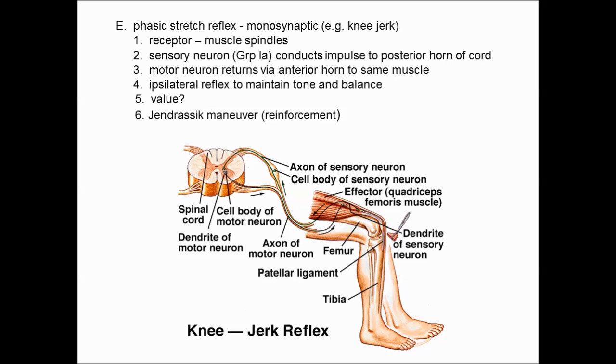Many years ago, a man developed a maneuver that reinforces this. He taps the tendon, and he has the patient grip his two hands together and pull apart, like clasping his palms. So he pulls apart his arms and puts effort into that. Now, what I want you to do is pull your arms apart, and the patient is thinking about all this and making sure he does it right.